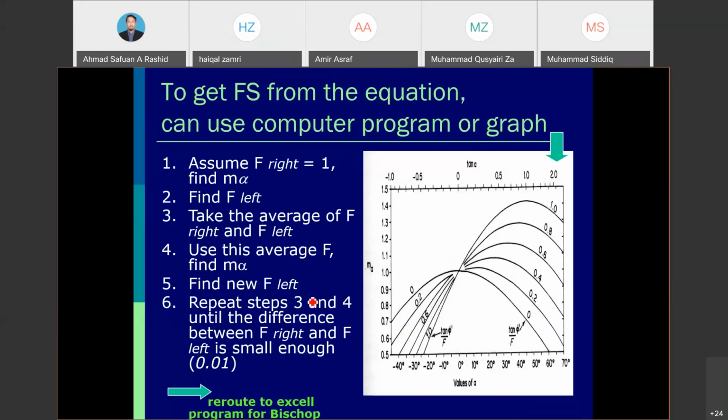So taking the average of the F right and the F left. Contoh F right bersamaan dengan berapa? 1.6. Lepas tu F left bersamaan dengan 1.5. Kita dapatkan average.